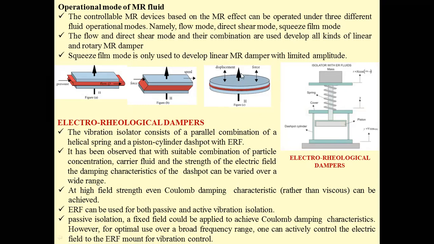The typical use of ER fluid for vibration isolation is shown in this figure. The vibration isolator consists of a parallel combination of helical spring and piston cylinder arrangement, having either ER fluid or MR fluid. We can use both fluids, either ER fluid or MR fluid.